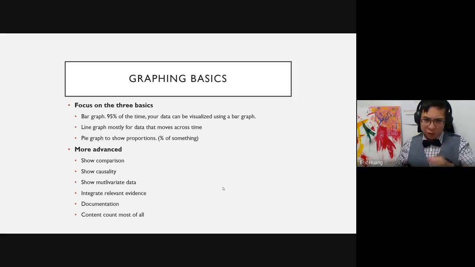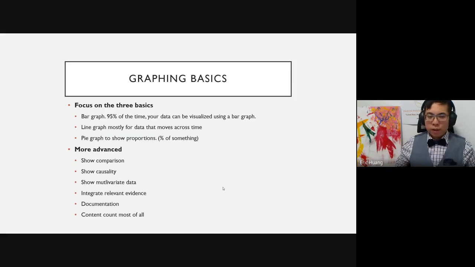A line graph can be used to show data across time. And a pie graph shows proportion. We talked about last class that the pie graph is actually not the greatest because people tend to use it incorrectly. Generally, you can show it a little bit better using a bar chart.